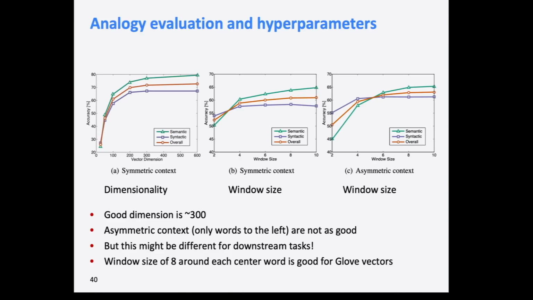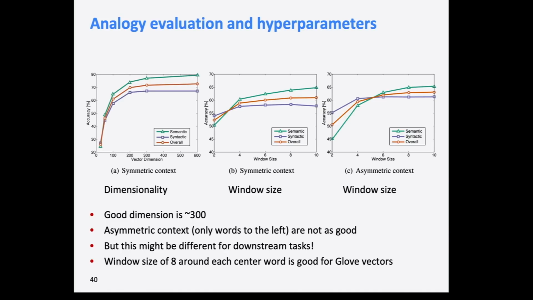For the three lines, the green one's semantic, the blue one's the syntactic analogies, and the red's the overall score. What you see is that up to dimensionality 300, things are clearly increasing quite a bit, and then it gets fairly flat, which is precisely why you find a lot of word vectors of dimensionality 300. This one's showing what window size.